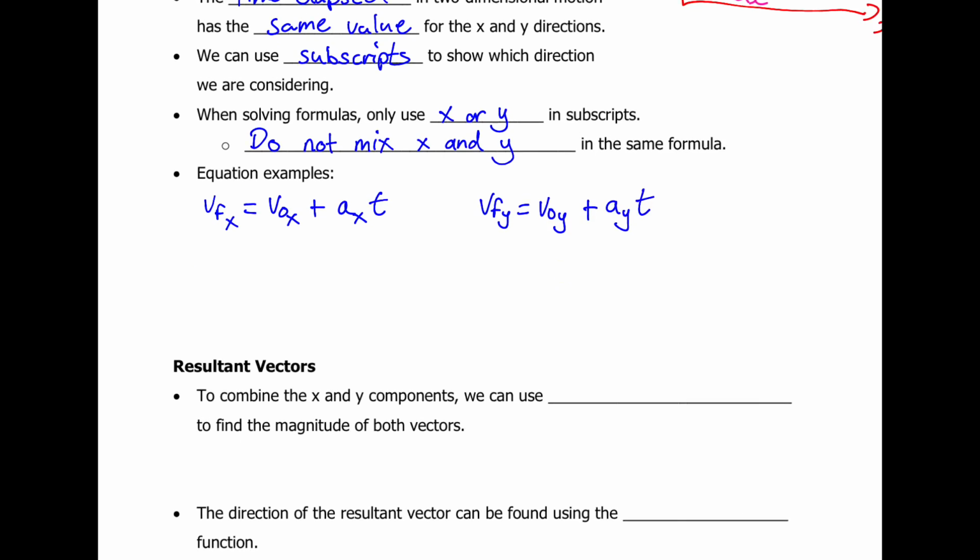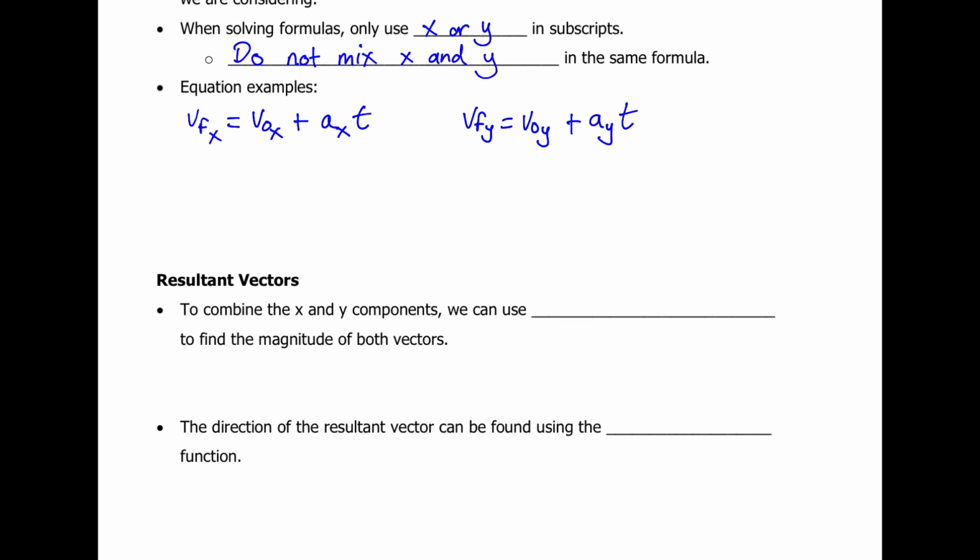Okay. Refreshing the rules of vectors. So if I have two components in the x and y direction and I want to find their resultant, we can do the same things we learned in the last chapter. We can use Pythagorean theorem to find the magnitude of both the vectors.